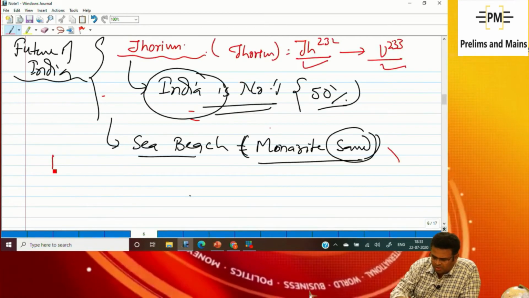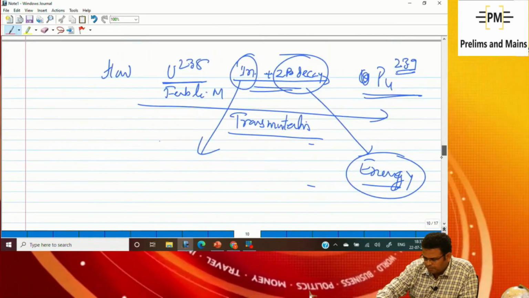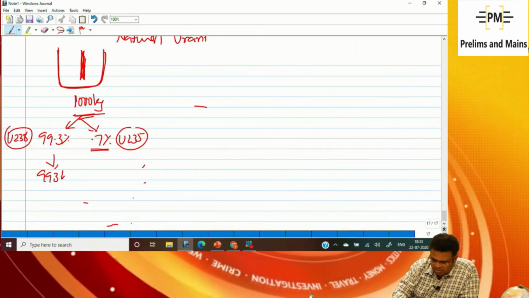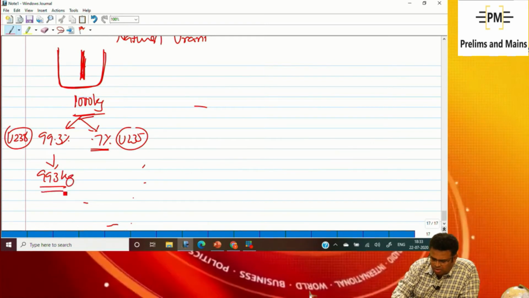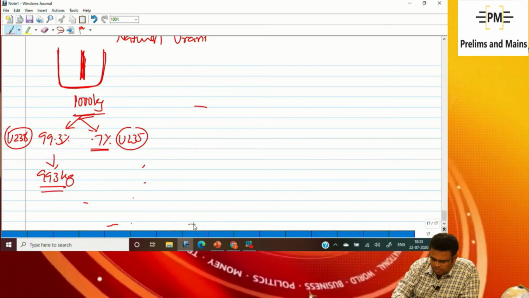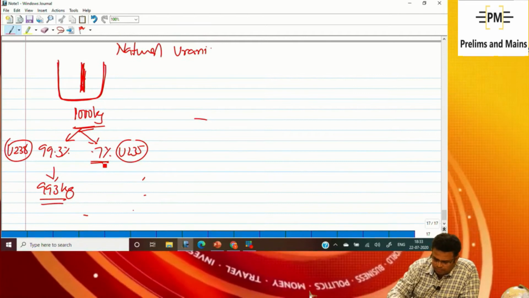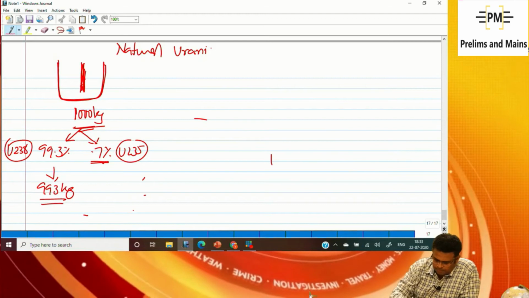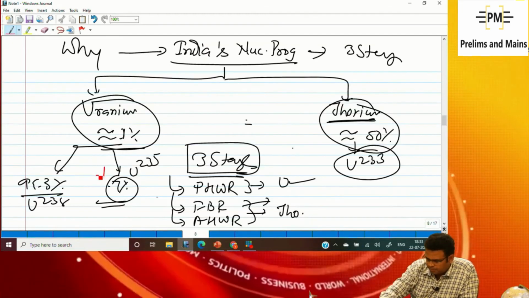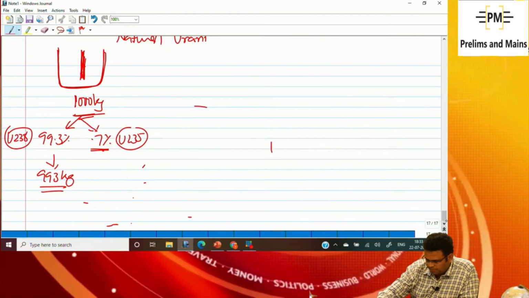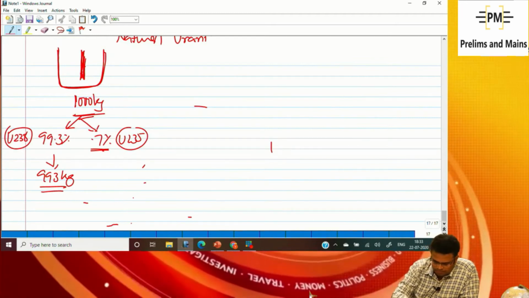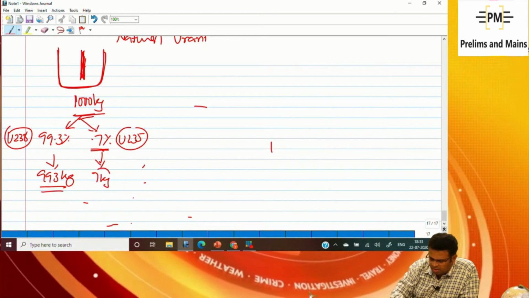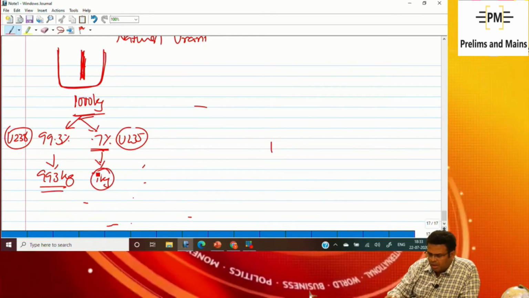So in the 1000 kg, it means 993 kg of uranium-238 and 7 kg of uranium-235.